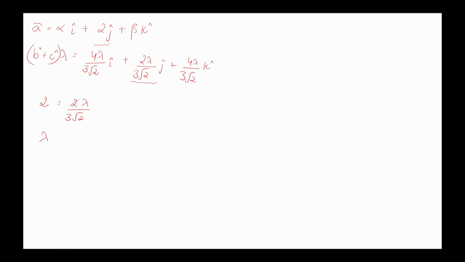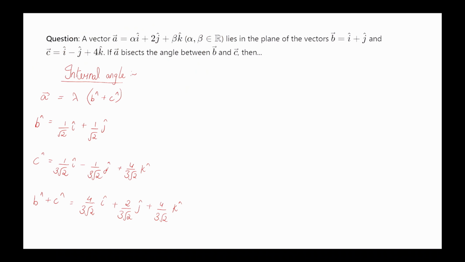So what is the value of lambda that I'm getting? It is coming out to be 3 root 2. So first thing we found out. Now after finding out lambda, of course, you can find out your alpha and beta as per given in the question. However, in the question, we just had to find out what our internal angle constant is going to be. So this was for internal angle.